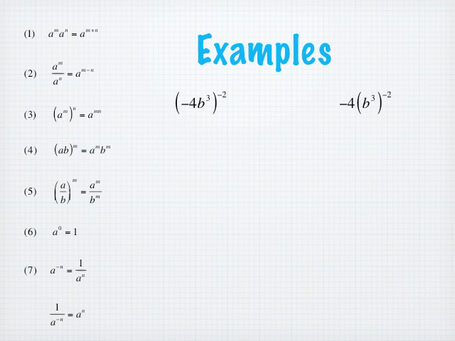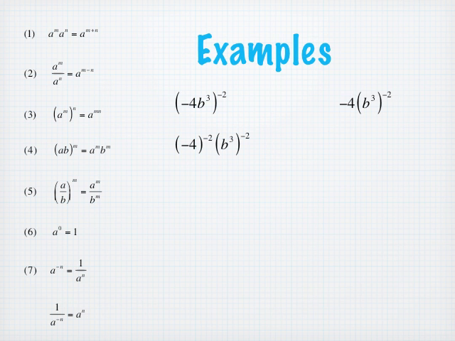So let's take negative 4 times b to the third, all to the negative 2. Now, I could go different directions with this, but I've decided that I want to use rule number 3 first. We've got all of our exponent rules over here on the left. Rules 3 and 4 tell me that if I have two things inside parentheses, I can give the exponent to both of them.